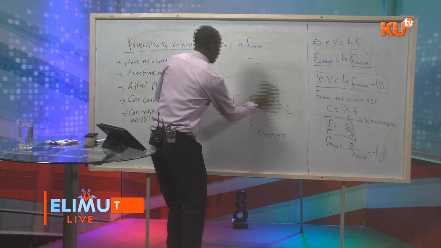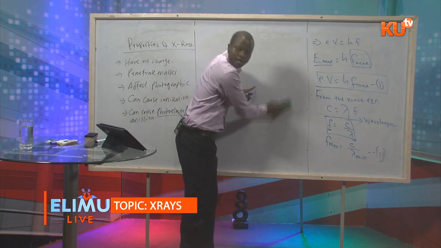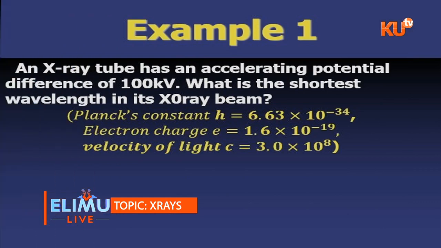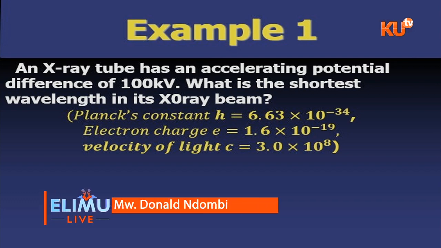Example 1. You can see it on your screen, so you can have some 30 seconds to read through example 1. You don't need to read the whole question, just write down the parameters given in our example 1 there. It says an X-ray tube has an accelerating potential difference of 100 kilovolts.